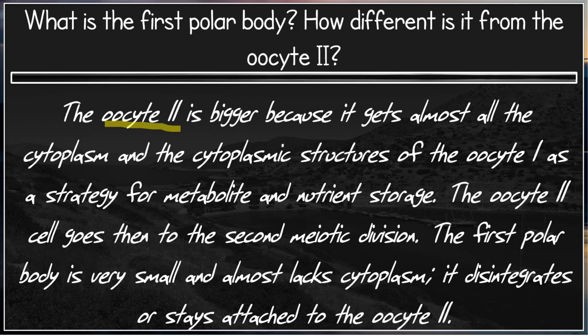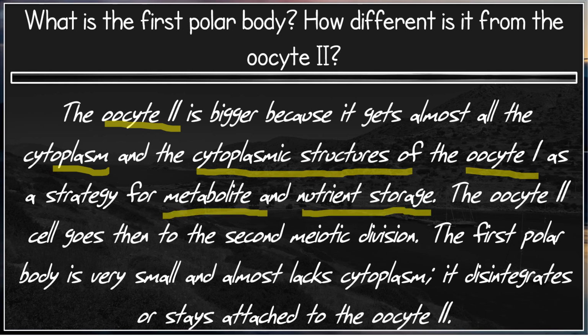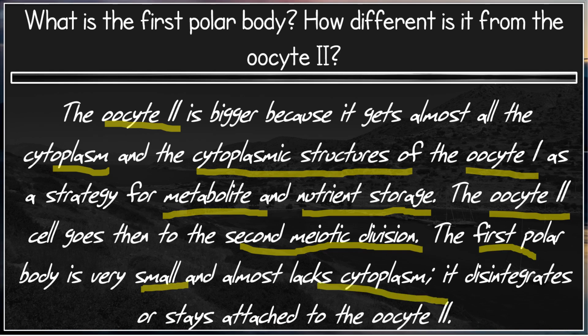The oocyte 2 is bigger because it gets almost all the cytoplasm and the cytoplasmic structure of oocyte 1 as a strategy of metabolite and nutrient storage. The oocyte 2 cell undergoes then the second meiotic division. The first polar body is very small and almost lacks cytoplasm. It disintegrates and stays attached to the oocyte 2.